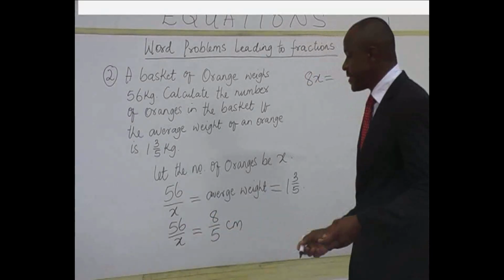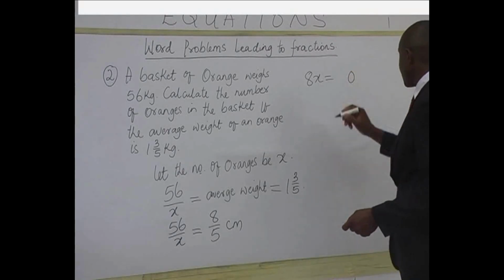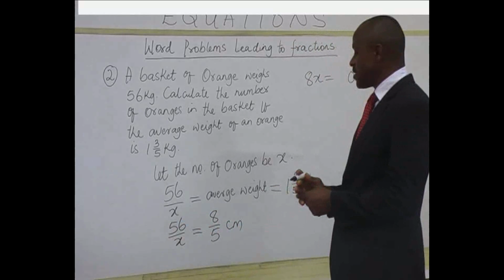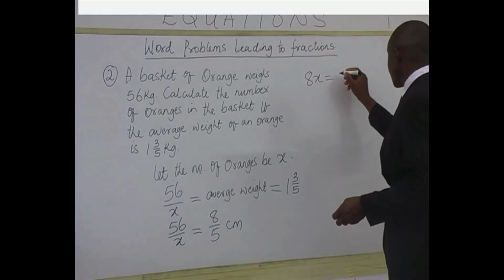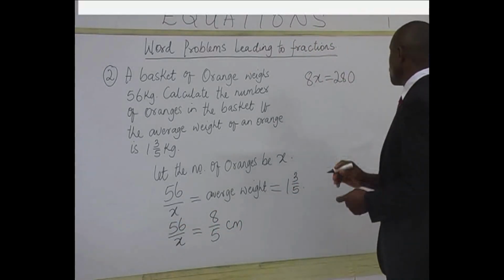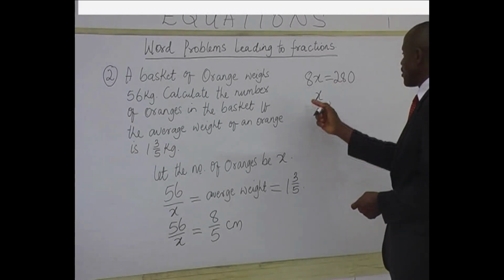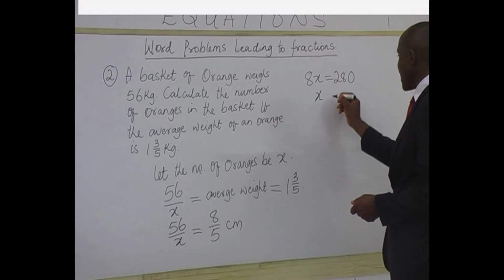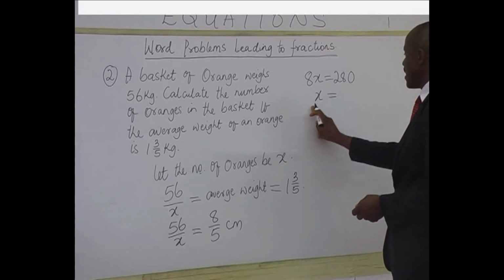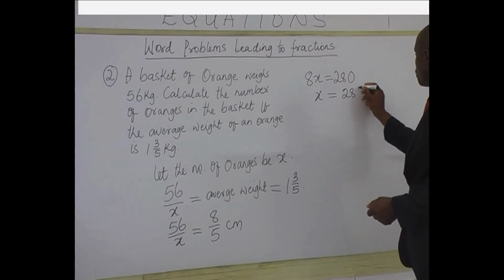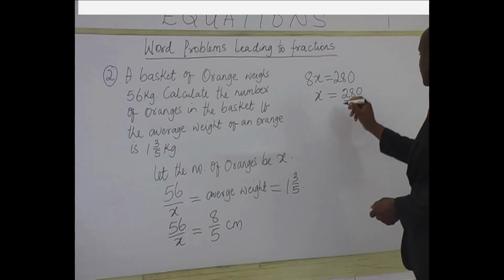5 times 6 is 30. Write 0, carry 3. 5 times 5 is 25 plus 3 to give you 28. So you have 280. If you divide both sides by 8 so as to eliminate 8 from the left-hand side, you'll be left with only x on the left-hand side, and the right-hand side of the equation will become 280 divided by 8.